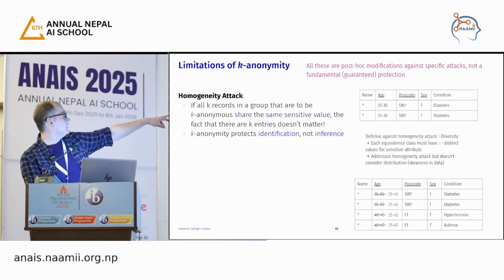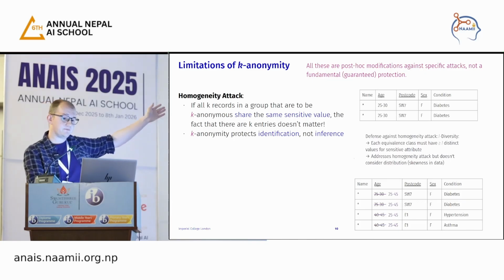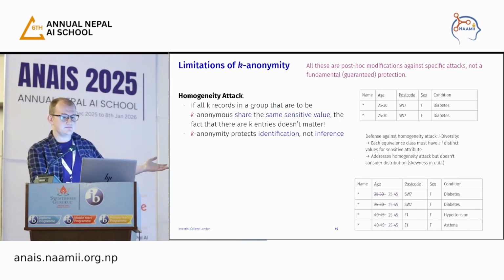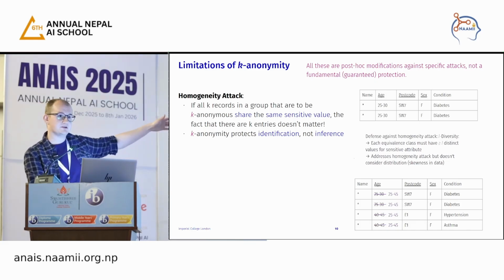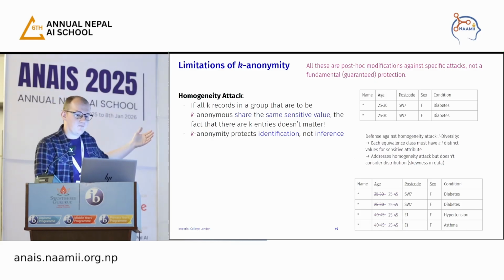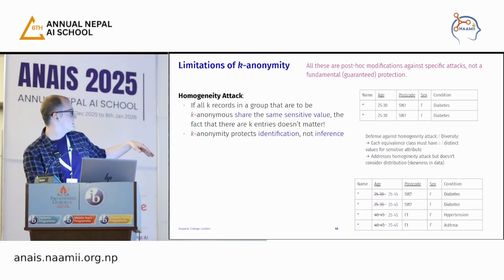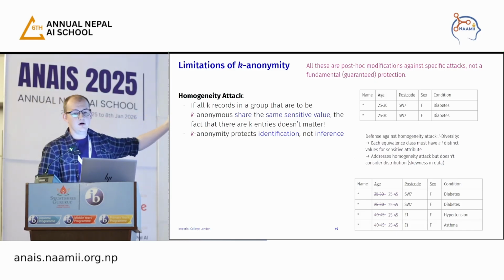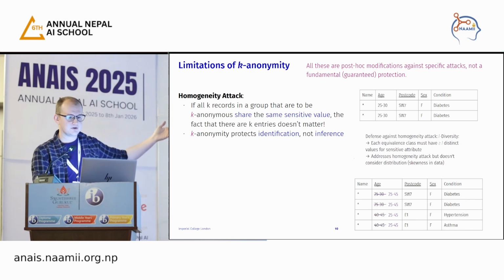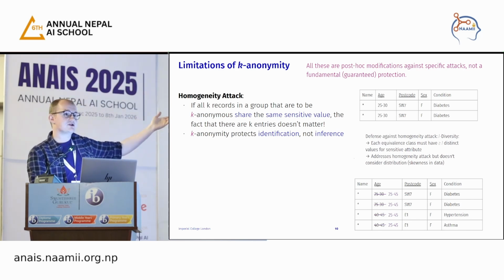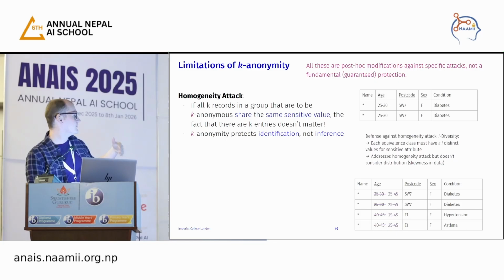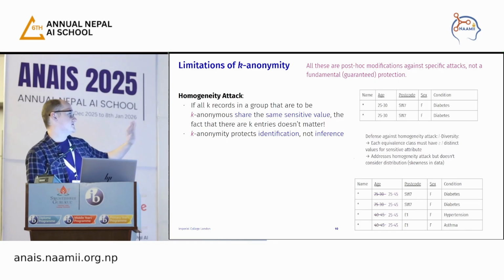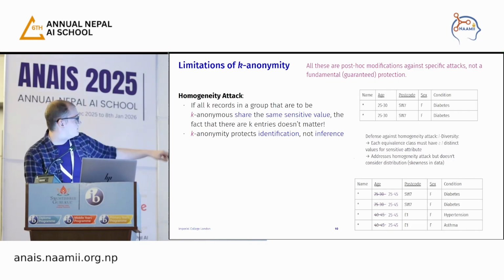They are k-anonymous because there are 2 rows which have the same quasi-identifiers, but it doesn't actually matter because if we wanted to learn about the condition of any of those persons, it's the same condition, right? So it doesn't matter that we can't tell whether Alice is row 1 or row 3. If we want to learn that Alice has diabetes, we have done so now because both row 1 and row 3 have diabetes as the condition. So we're only protecting identification, but we don't really protect anything about inference, right?